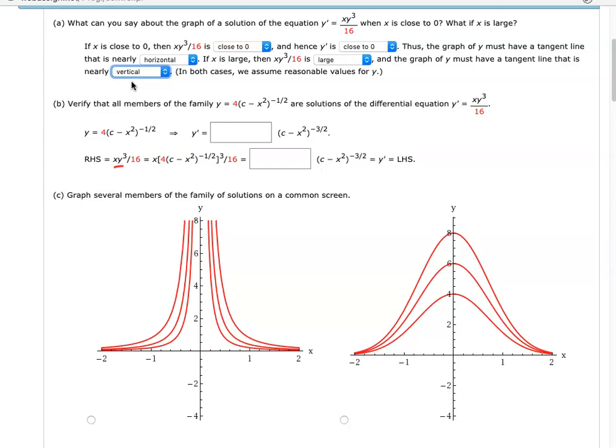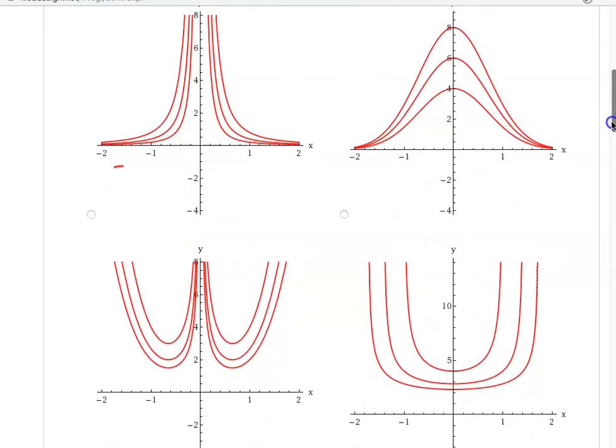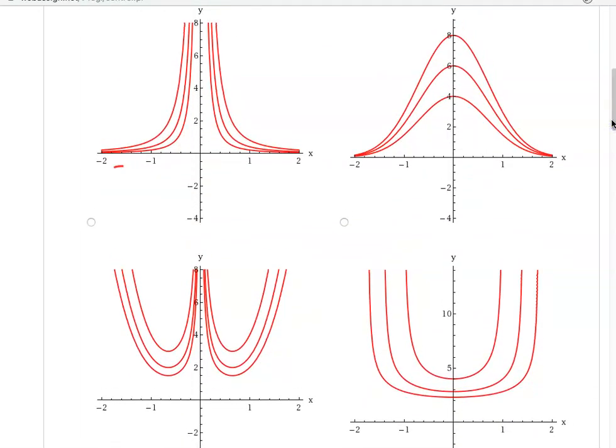If you have these 4 graphs to choose from, yours might be in a different order, but if I call mine A, B, C, and D, which one has slopes that are 0 at 0 and really big at big numbers? D. Okay, does that make sense?